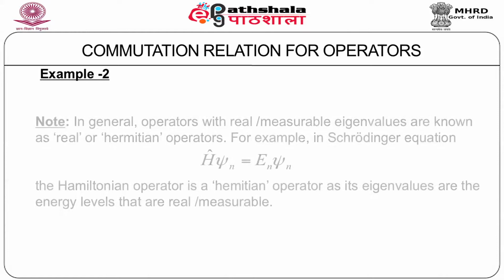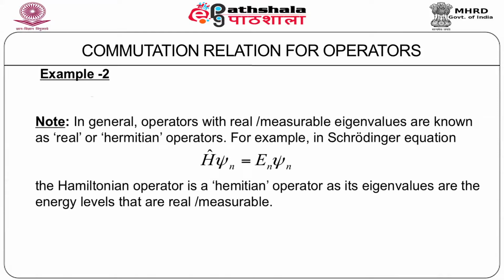Let me mention one important thing in this connection. In general, operators with real or measurable eigenvalues are known as real or Hermitian operators. This is just a definition. If an operator has real eigenvalues, then the operator is called a real operator or a Hermitian operator.